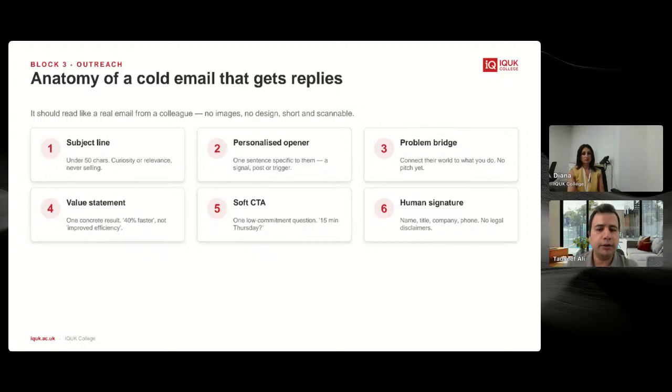The second line is the problem bridge. You want to connect with their words. Let's say they build software programs. It's a software development company, and you are a recruiter. You want to connect with them. For example, these days finding the right candidate becomes harder and harder for most startup companies. That kind of problem statement connects with them.